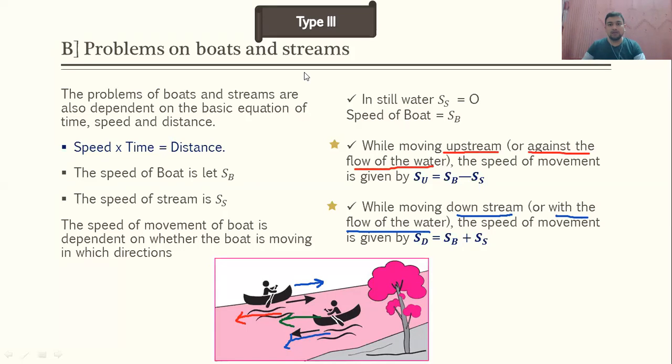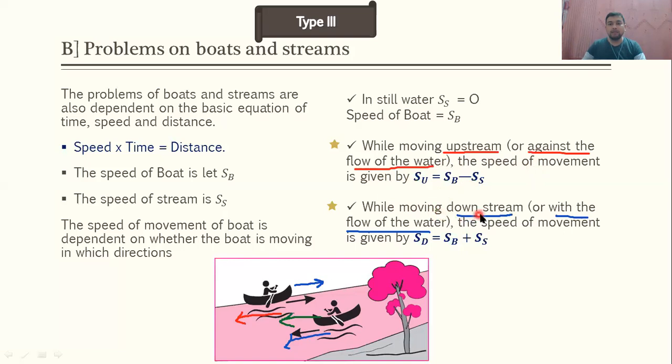So in case of upstream, that is when boat and the flow of water are against or in opposite direction, the speed of movement is given by upstream speed, SU, equal to SB minus SS.